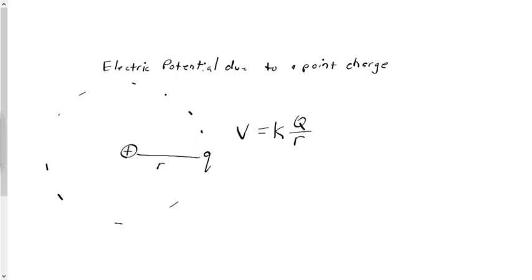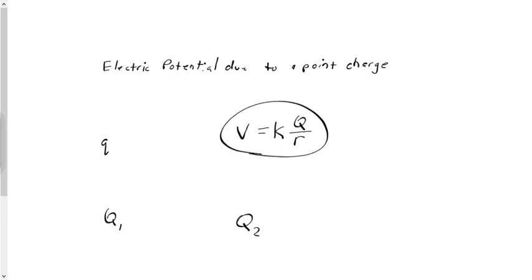Now, if we had multiple charges, then we would have a different scenario. Let me just erase this so I can start fresh. So let's just say I have Q1, Q2, and then I'm going to put a test charge out here. So essentially all I'm going to do at this point to find the electric potential at this location of the test charge, a little q, is run this equation twice.